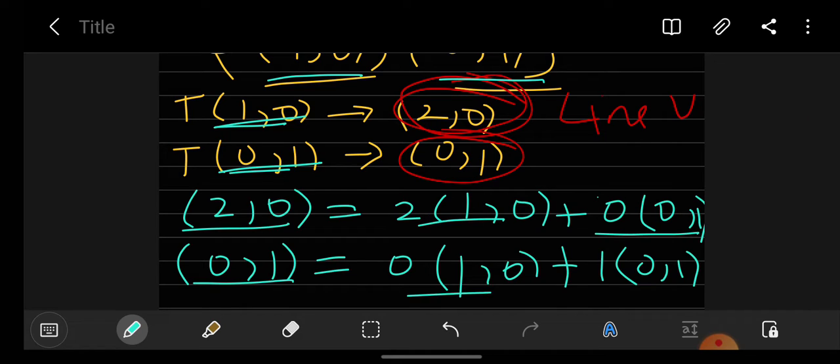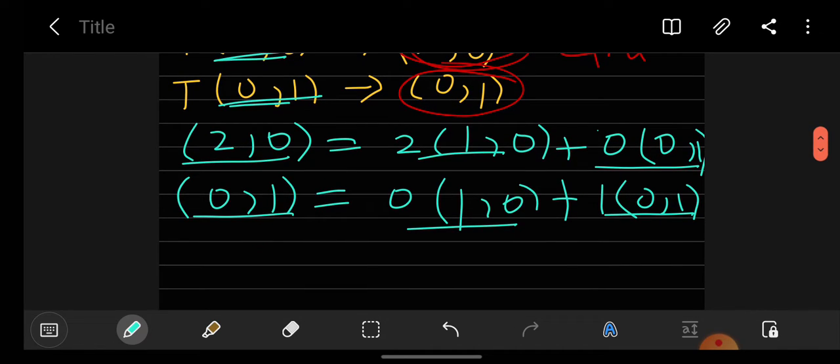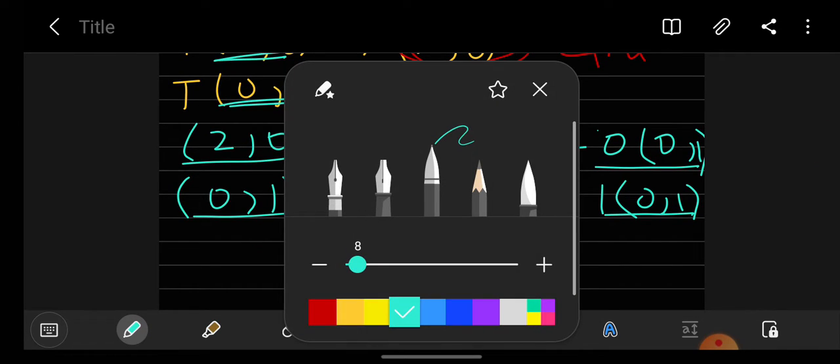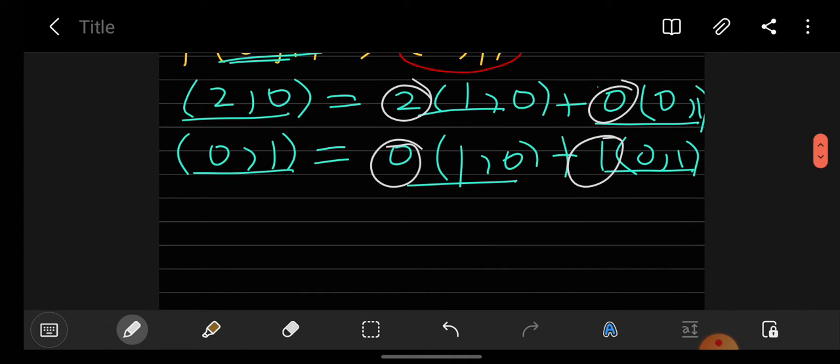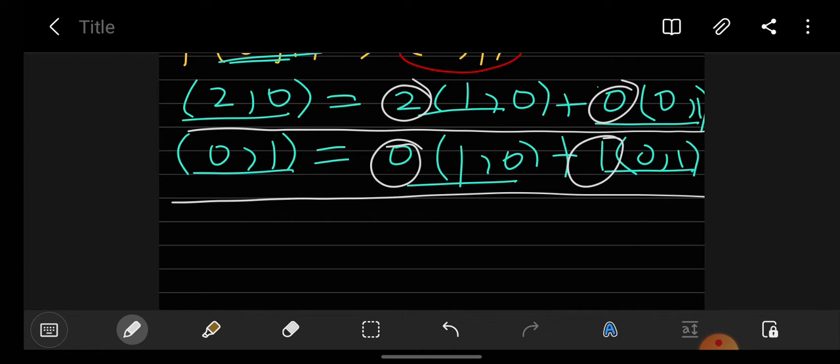You are watching these coefficients: this is the coefficient for (2, 0), that is 2 and 0, and this is the coefficient for (0, 1), that is 0 and 1. So how do you write this?